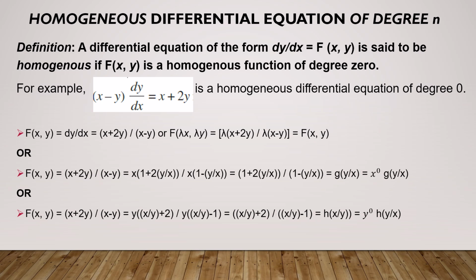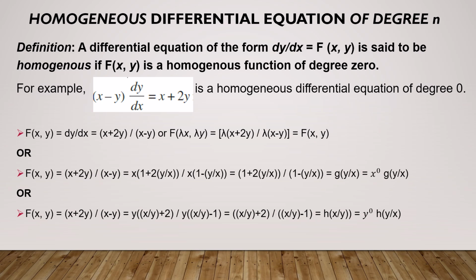First of all, our differential equation should be of the form dy by dx. So just express it in the form dy by dx is equal to x plus 2y upon x minus y. Now we have studied two definitions of a homogeneous function. We can use any one of them. Let us see both of them.